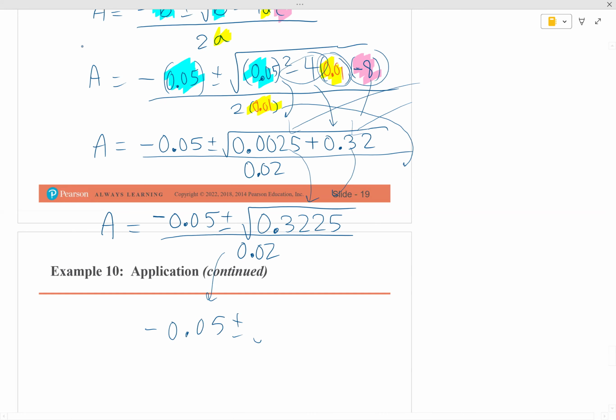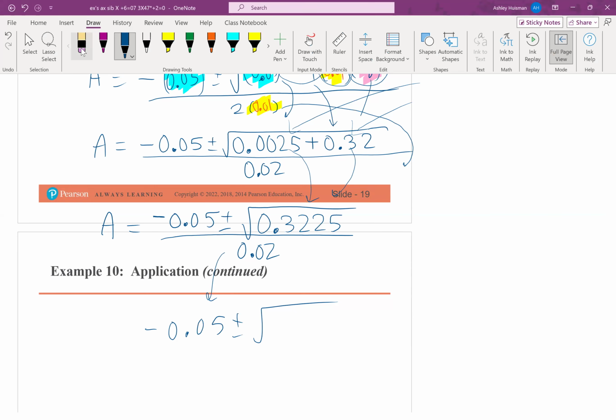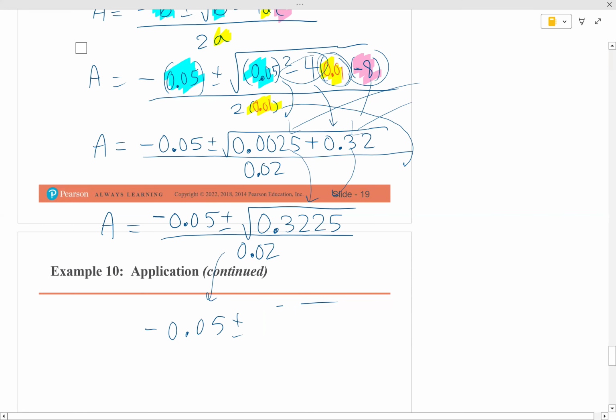-0.05 plus or minus. Now, I have no hope of trying to do that in my head. And I think I mentioned before, when it's an application, they expect rounded or decimal answers. I always say we prefer exact answers, we don't want to see decimals. But this is a real life situation, so they want to see rounded answers.